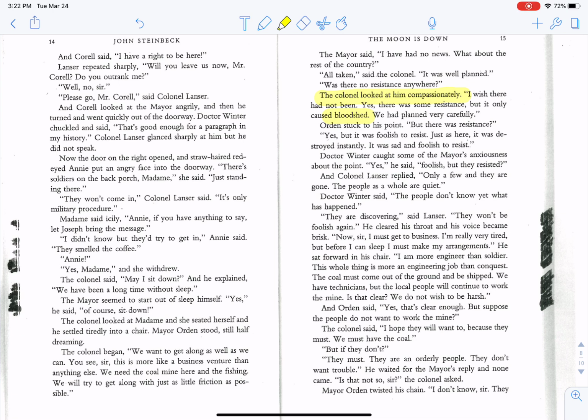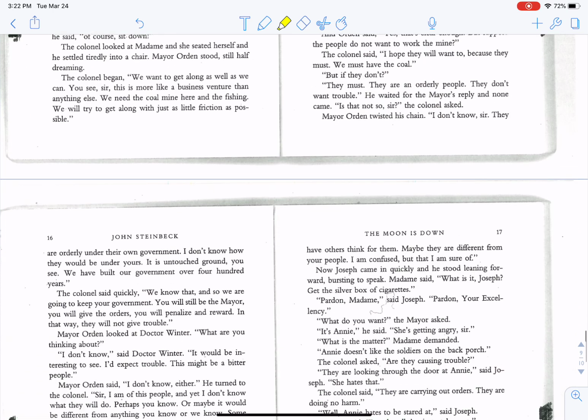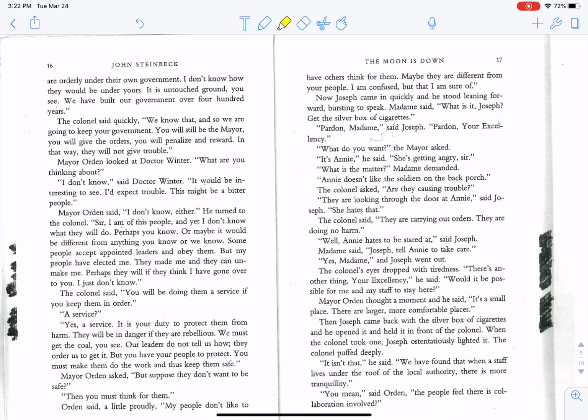All right, finally, I'd like to get to a conversation that happens starting on page 16. This is a continuation, really, of a conversation between Mayor Orden and Colonel Lancer. And it highlights the third point that I wanted to draw your attention to. We start to see from the beginning of this book the contrast between the democratic form of government and this authoritative form of government.